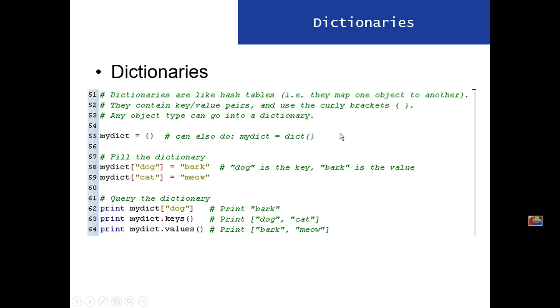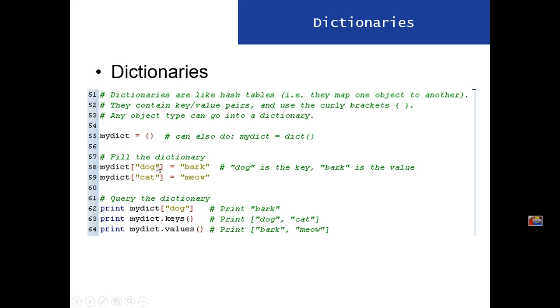Alright, moving on. What are dictionaries? Dictionaries are similar to what a map is in C++. So my dictionary can be declared like this. For example, a dog would bark. So I would say my dictionary of dog is equal to bark, and this would be the key against the value that is stored against your item.